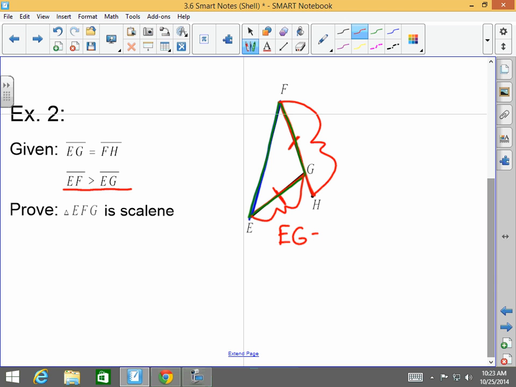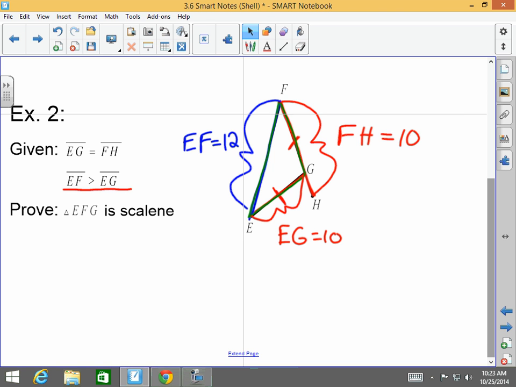Let's say that EG is 10, and let's say that FH, since it's congruent, is also 10. But they tell me that EF, this guy right here, is greater than EG. So let's say that EF is equal to 12.